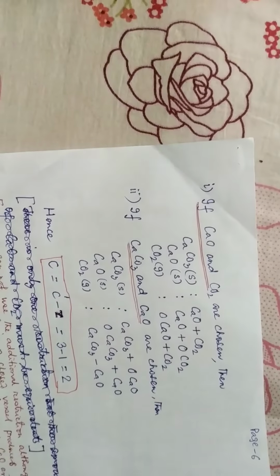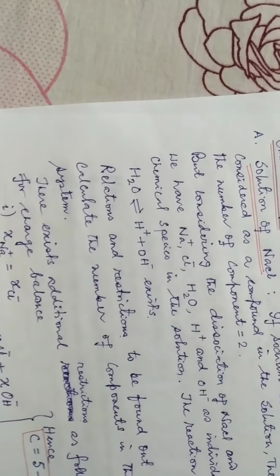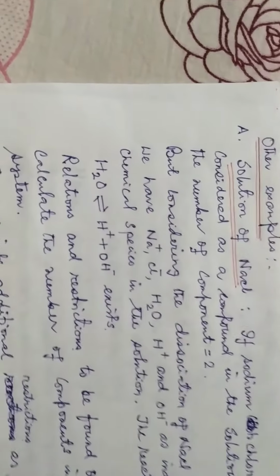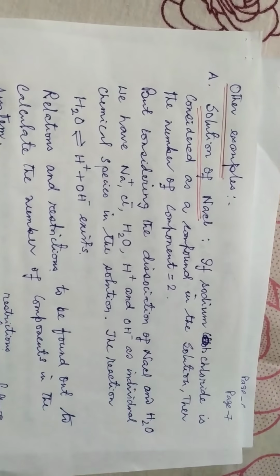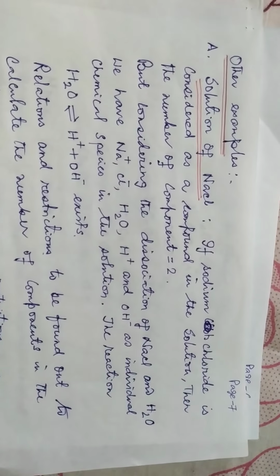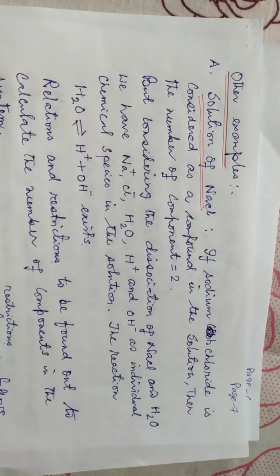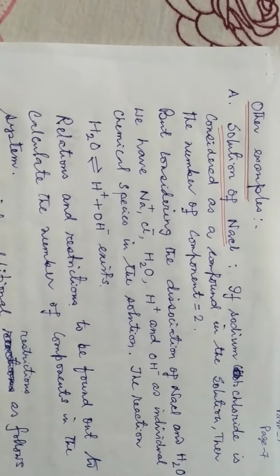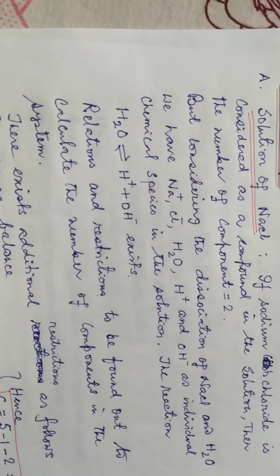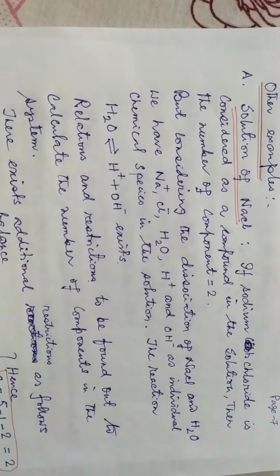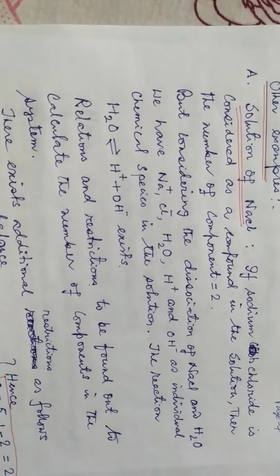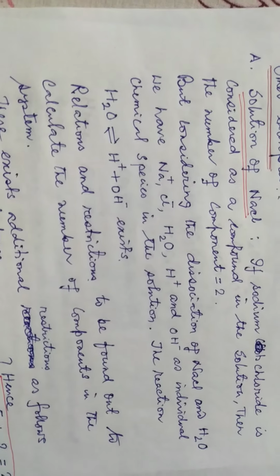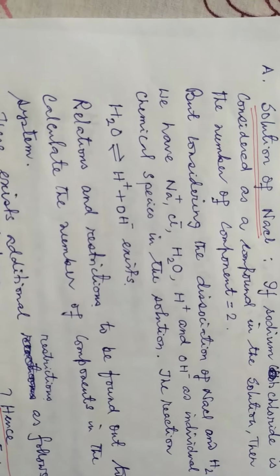Now, some other examples. Solution of sodium chloride. If sodium chloride is considered as a compound in the solution, then the number of components will be 2, that is sodium chloride and water. But considering the dissociation of sodium chloride and H2O, we have Na plus ion, Cl minus ion, H2O, H plus ion, and OH minus ion as individual chemical species in the solution.